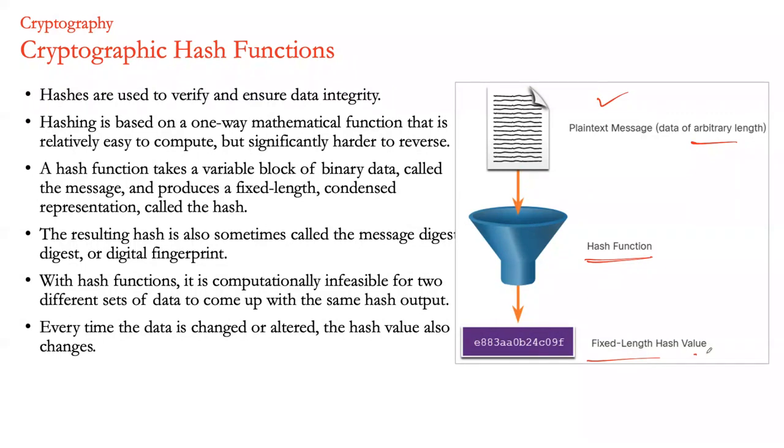It is a one-way process: the hash function simply computes a fixed length digest. With hash functions, it is computationally infeasible for two different sets of data to collide, and they use the pre-image, second pre-image, and collision resistance properties that we have already observed.